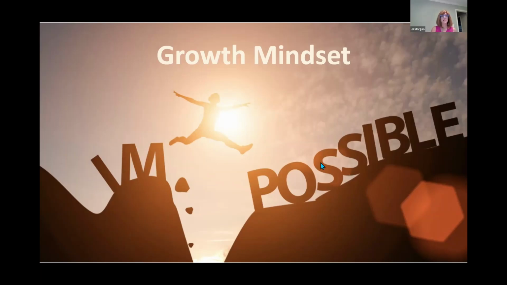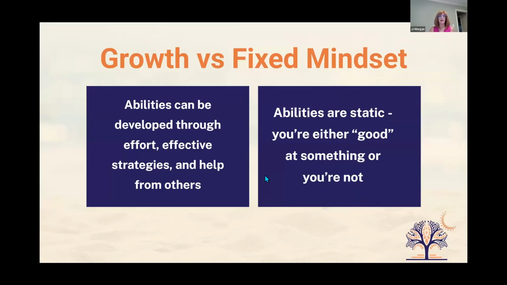So a growth mindset versus a fixed mindset. In growth, abilities can be developed through effort, effective strategies, and help from others. So it is a core belief. It is something that you believe in, and it's any kind of ability. Even though I do say from time to time, I'm not good at math, I'm not a math person, it's not actually true.